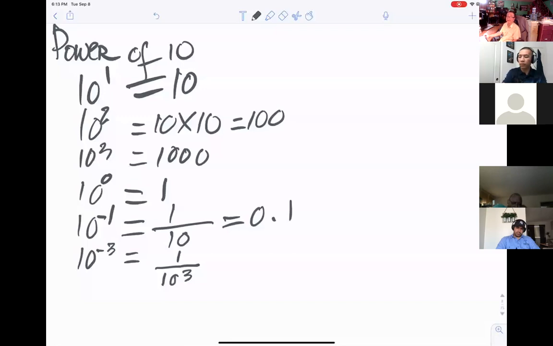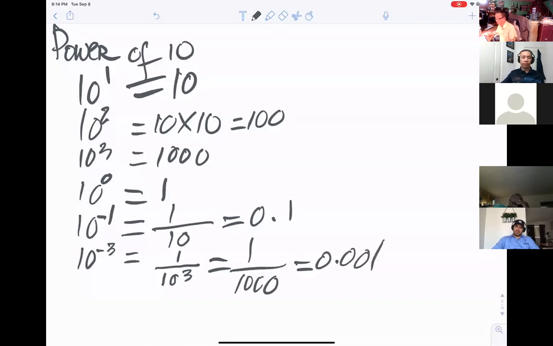I don't want a negative power, okay, so that's why. So this will equal 1 divided by 1000. Okay, so it can be equal to 0.001.